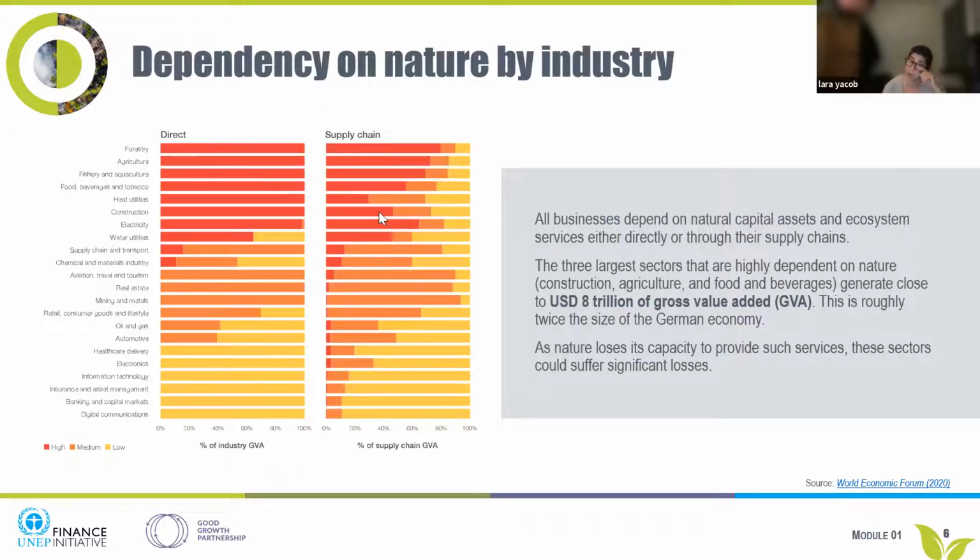What we can glean from this is that losing nature, or the loss of natural capital, is going to incur significant financial losses for those businesses that depend on natural capital. Next slide, please.